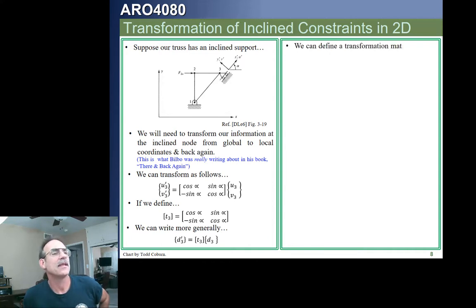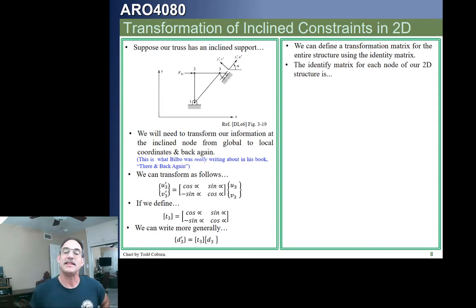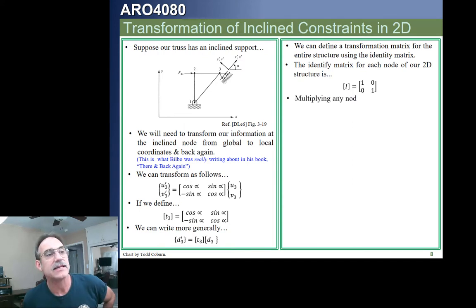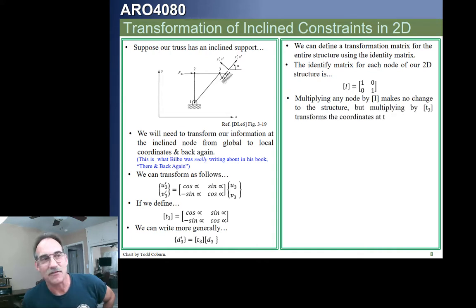Now we look at that, we say, yeah, but only 3 is transformed. 1 and 2 are not transformed. Recognizing that the identity matrix will not change the element at all, we can remind ourselves that the identity matrix is shown like this, and if we multiply any deflection of any other node by this identity matrix, then we won't modify that node at all.